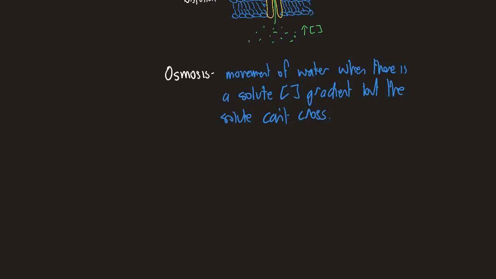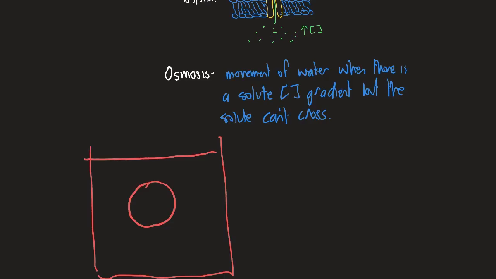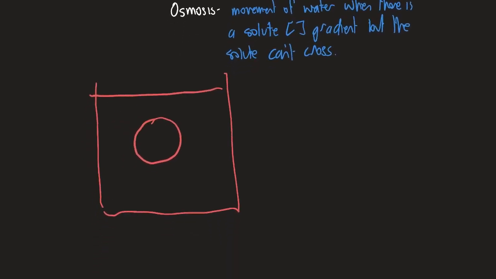Here's a scenario where we've got a cell in fluid. In this particular case, we have a high concentration of solute in the water, so that's like salty water. That means if we've got a high concentration of solute, we've got a low concentration of water.